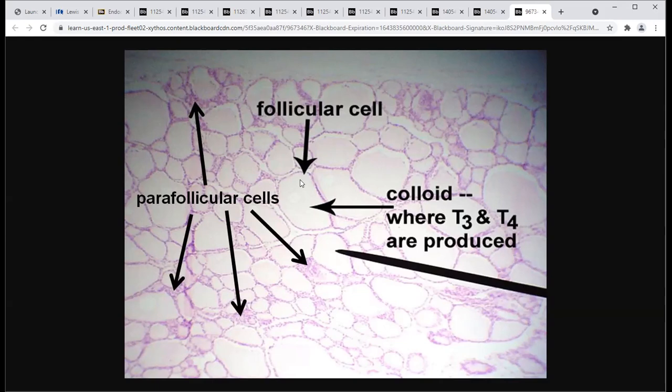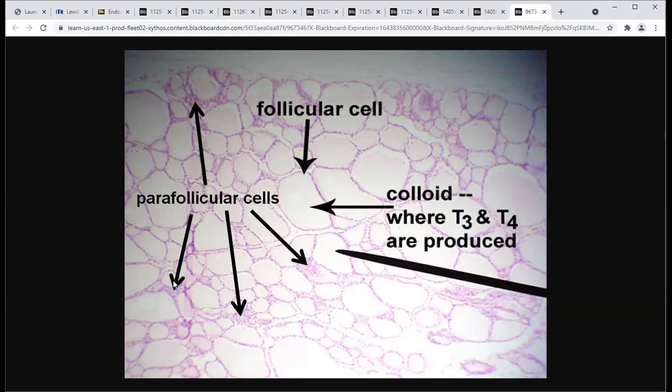Outside of these follicles, sometimes you see these clumps of cells. There's no liquid-filled lumen here. These clumps are made up of parafollicular cells. And these parafollicular cells make calcitonin. So when it comes to monitoring blood calcium levels, it is the parafollicular cells that do that.